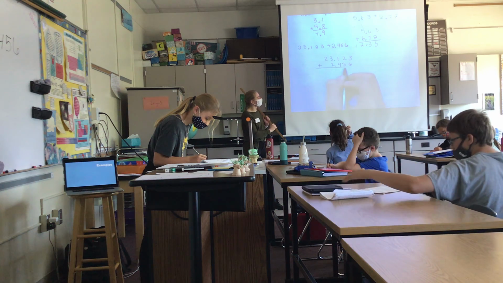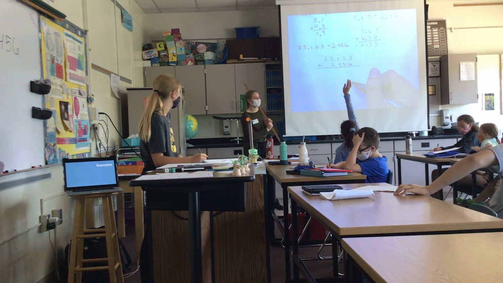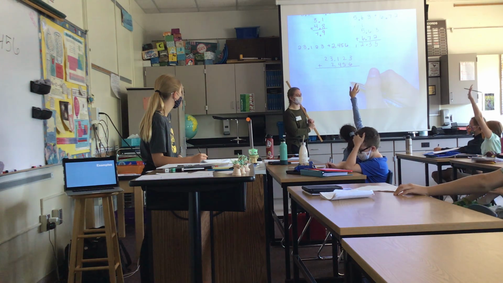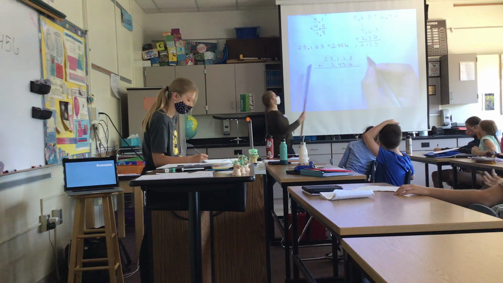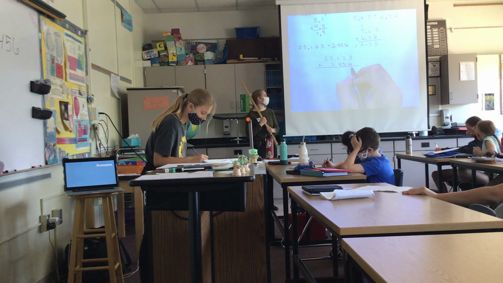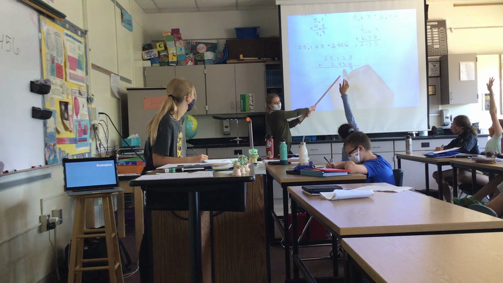And where are we going to start? What place value? Claire. The thousandths. So 3 plus 6 is 9. Then we're going to go to the next place value.